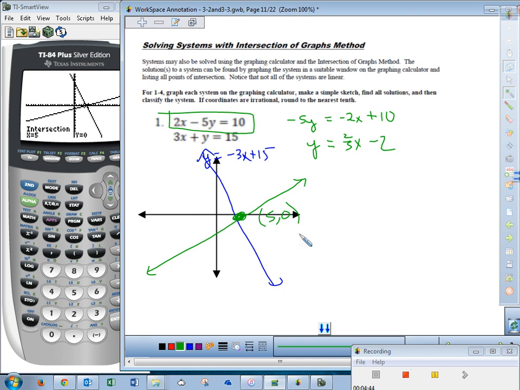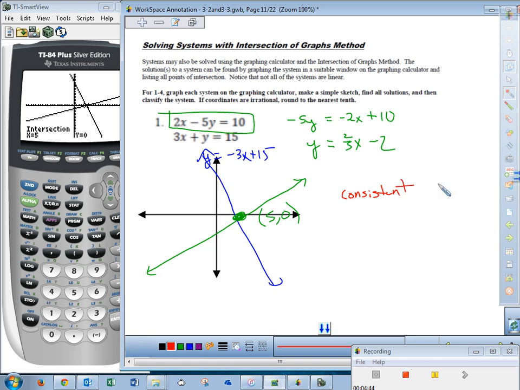Awesome. Classify this. Is he consistent or inconsistent? Did I do something wrong? Everyone's looking at it funny. Are we okay? 5, 0. Is it consistent or inconsistent? Why is it consistent, guys?